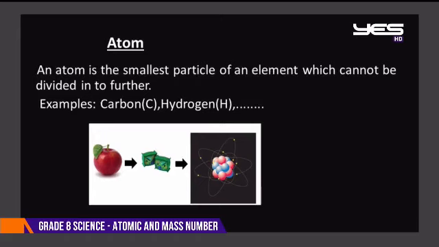We can't divide atoms again. An atom is the smallest particle of an element which cannot be divided again. Examples of atoms are carbon, hydrogen, etc. Like that we can give different examples of atoms.